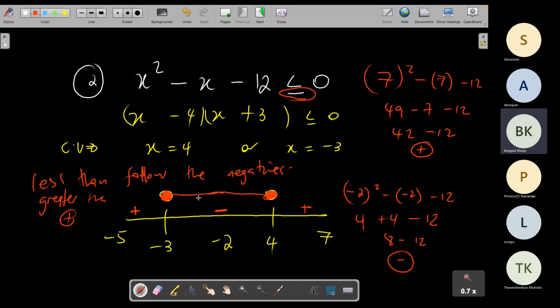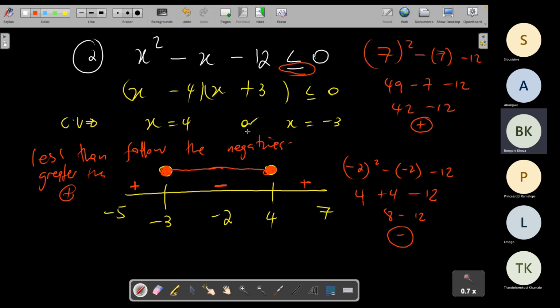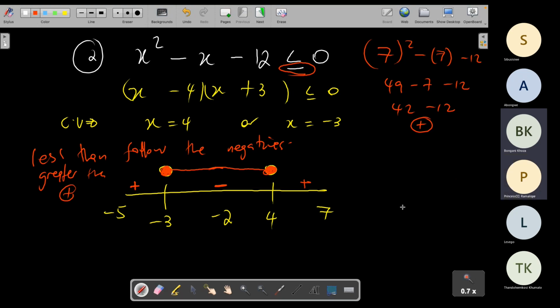So now we have done our number line. We need to analyze what it actually means. We are saying that x has to be from here going that side. Are the values from here going that side greater or less than -3? Greater. So x has to be greater than -3.